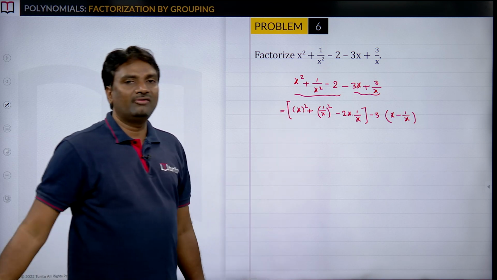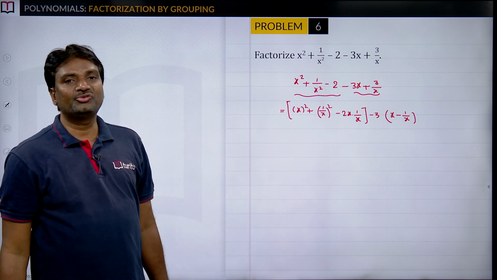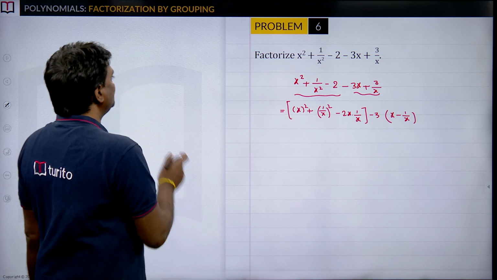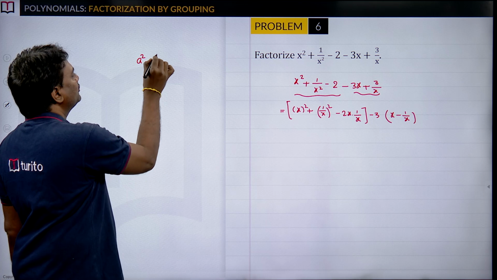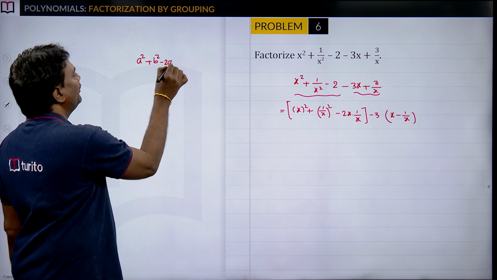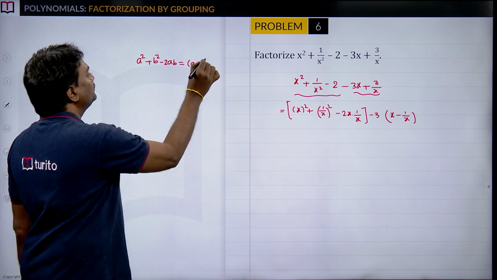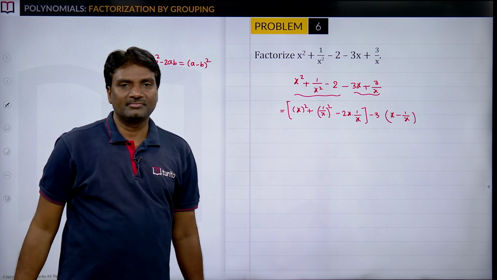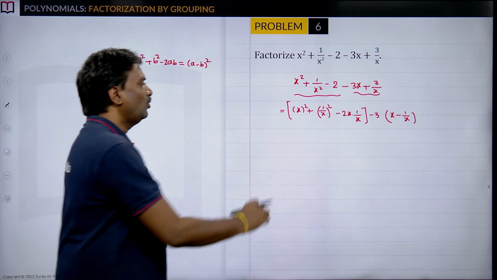By observing the first bracket, clearly this is in the form of a square plus b square minus 2ab. So, we have the identity a square plus b square minus 2ab equal to a minus b whole square.